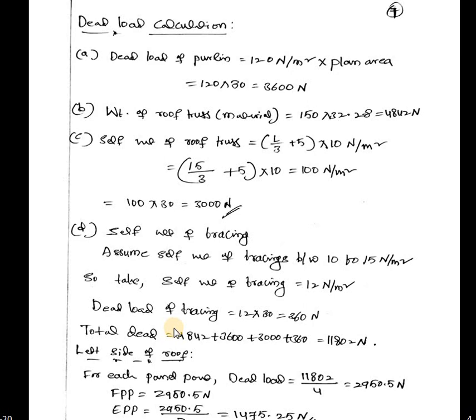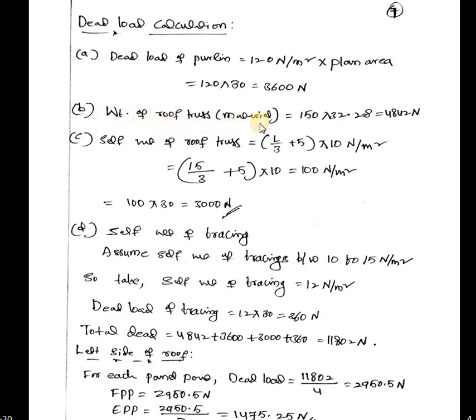What is meant by total dead load of a roof truss? Above the roof truss, purlin will be there. Above the purlin, sheeting will be there. And also to connect all the rafters and all the purlins, sag bars will be there. For that reason, just see here, dead load of purlin we are calculating, weight of roof truss.